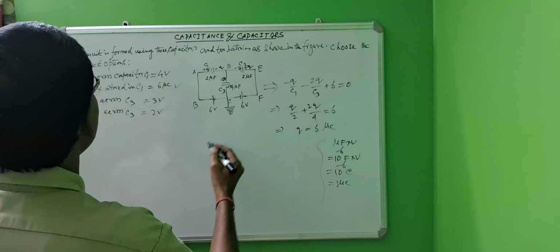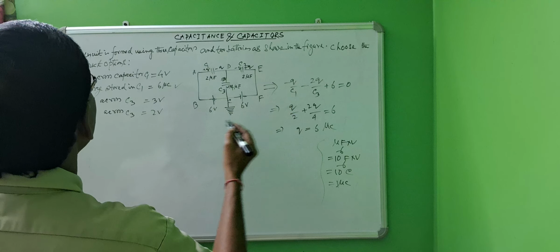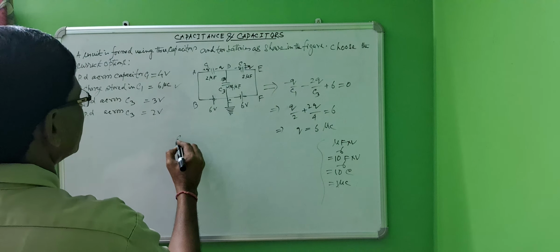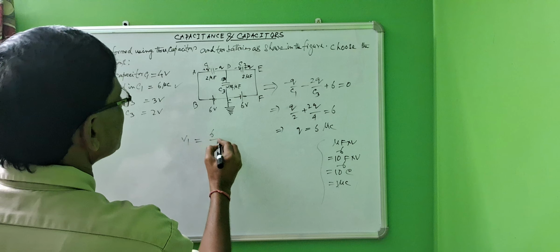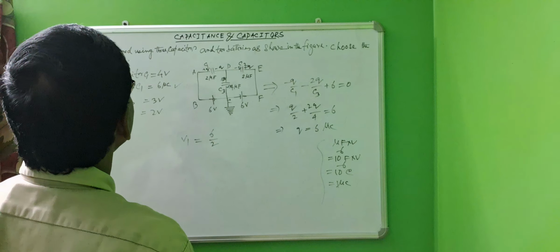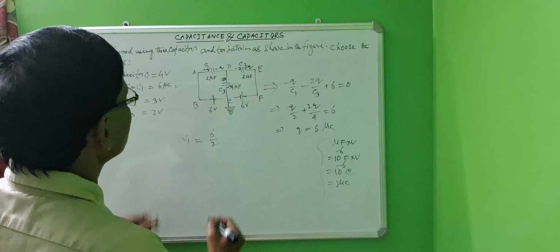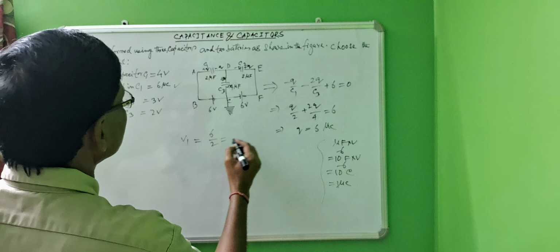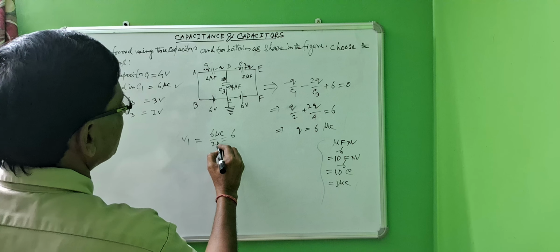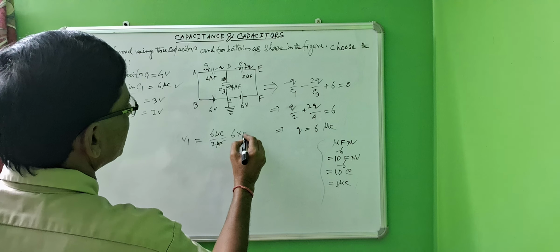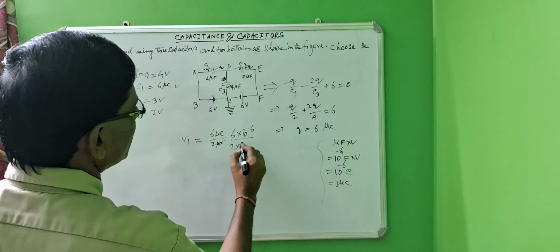Again, the potential difference across C1, V1, equals 6 upon 2, that is 6 microcoulomb upon 2 microfarad, equals 6 into 10 to the power minus 6 upon 2 into 10 to the power minus 6.